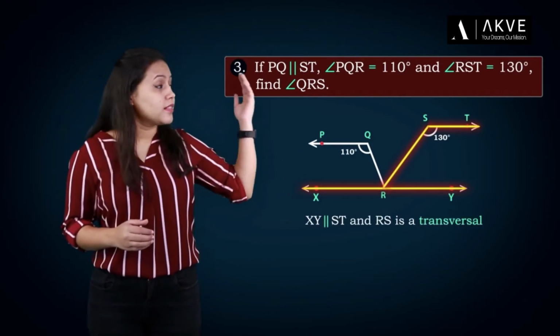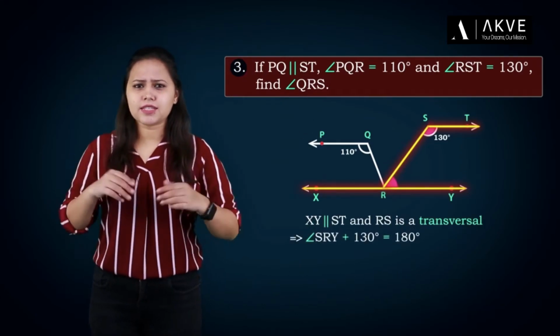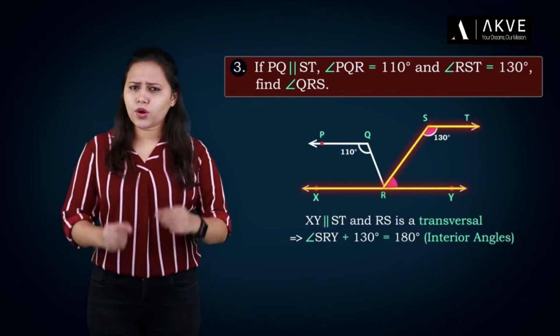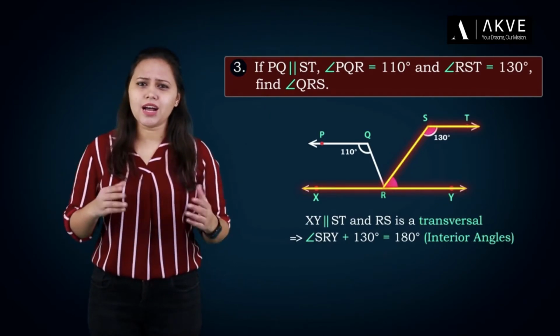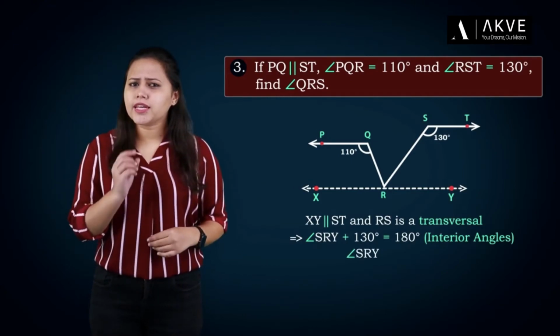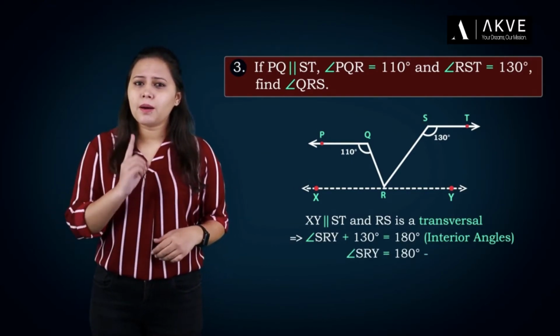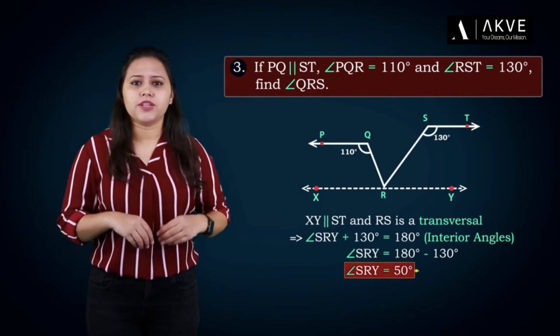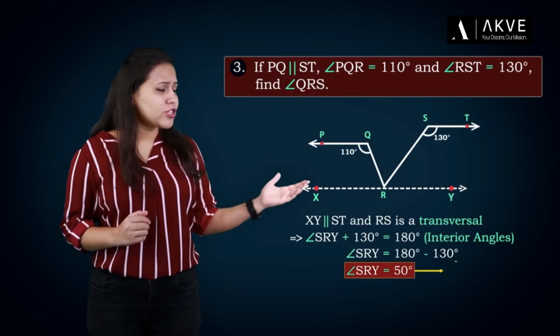This means the sum of these two angles is 180 degrees because they are interior angles on the same side of the transversal RS. This means angle SRY is equal to 180 degrees minus 130 degrees, which gives 50 degrees. Let's name this equation 1.